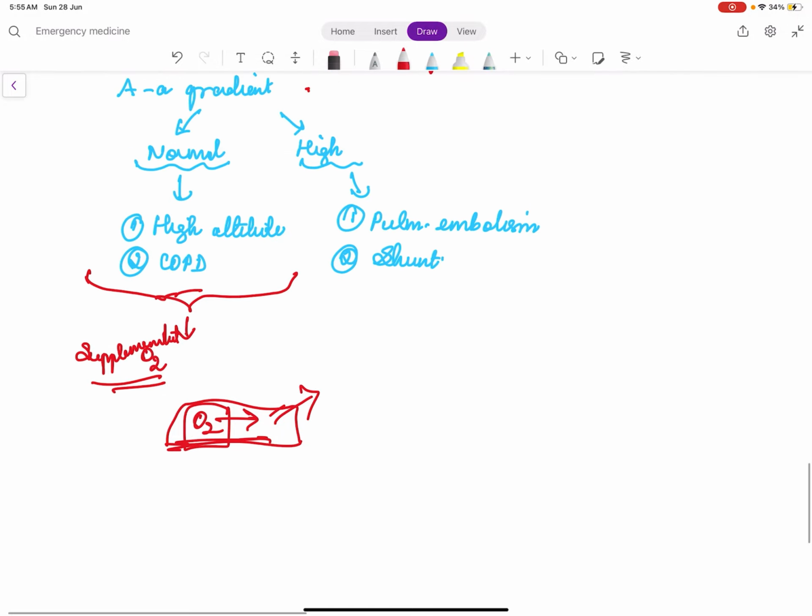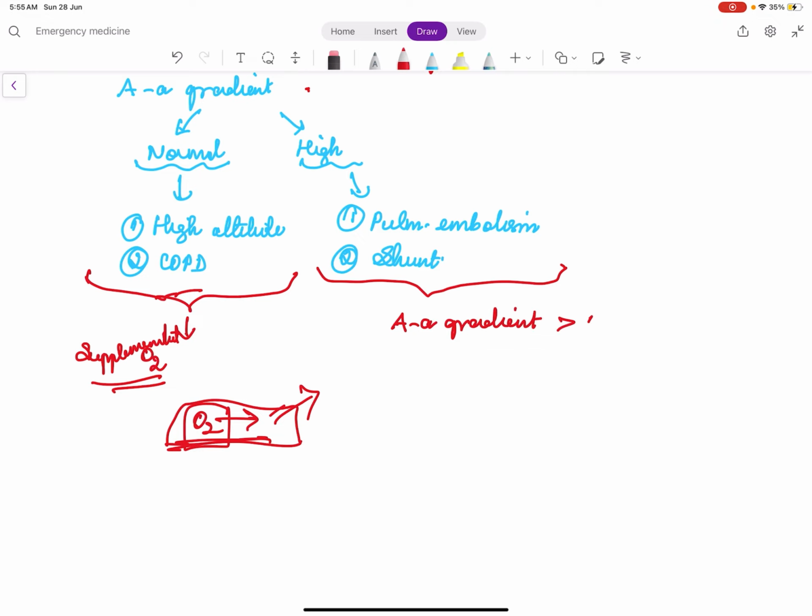Whereas when there is pulmonary embolism or shunt, the alveolar oxygen is normal, but the inspired alveolar oxygen does not enter into the pulmonary capillaries. Hence, the arterial oxygen saturation is low and the AA gradient is increased.